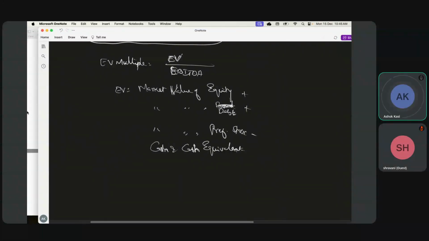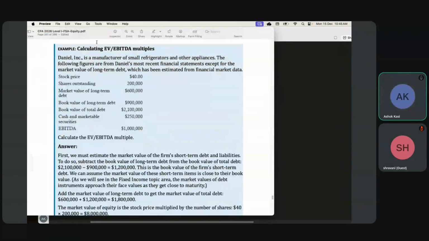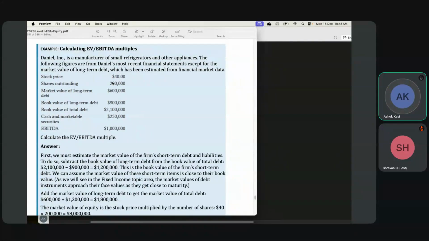So now coming to this sum. Just go through this question now. So EBITDA is directly given, 1 million.